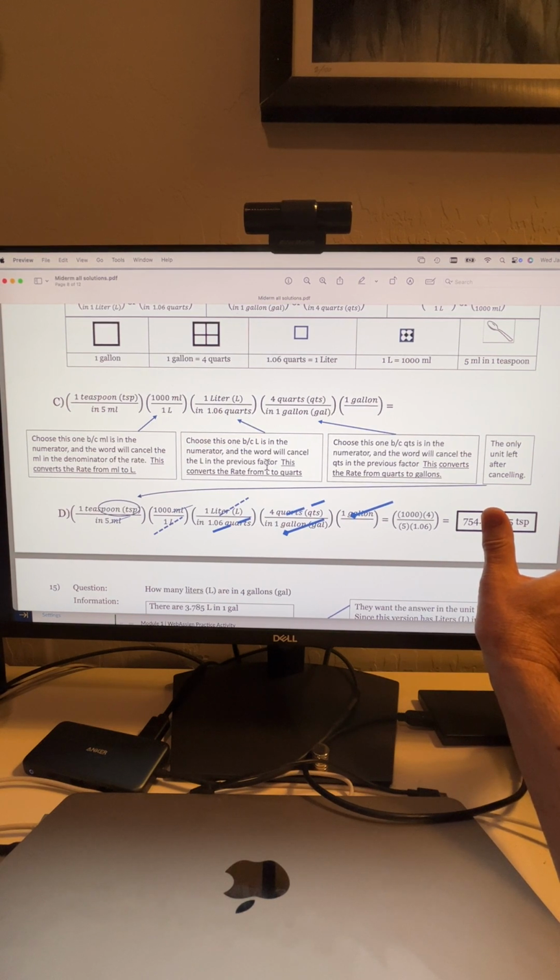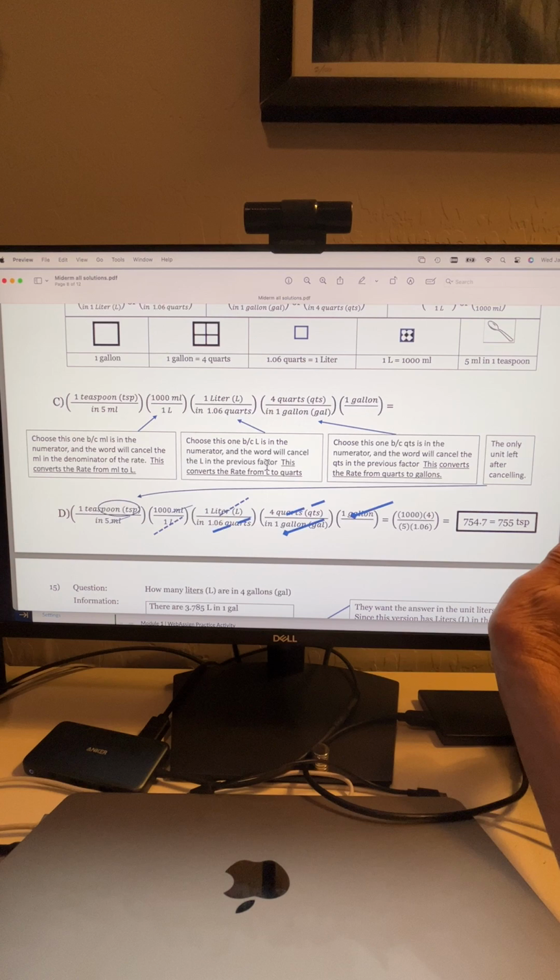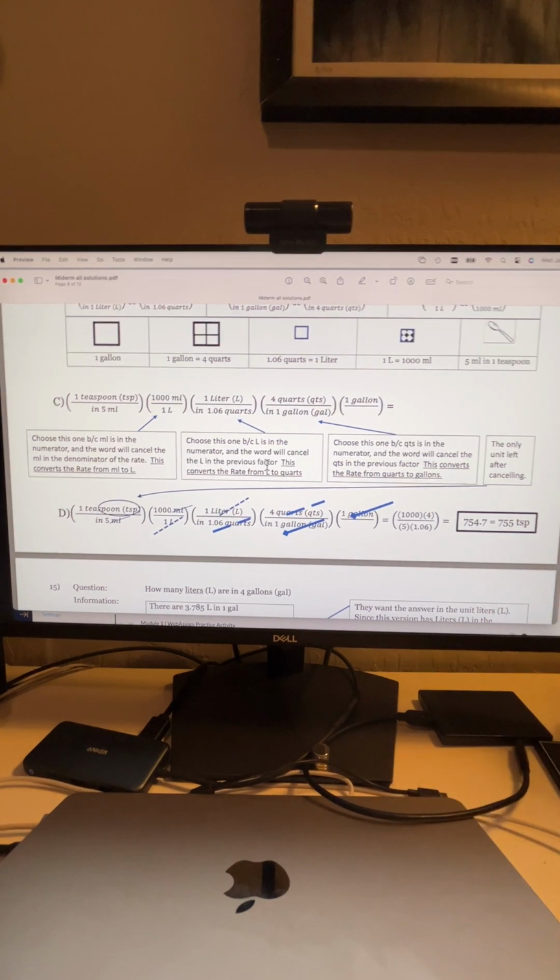And literally, I cover them up even when I work them, because I like to help my brain think in different ways. So I'm going to round up or leave it alone based on the number under my thumb. So do you round it up or do you leave it alone? Boom, you round it up. It's 755.